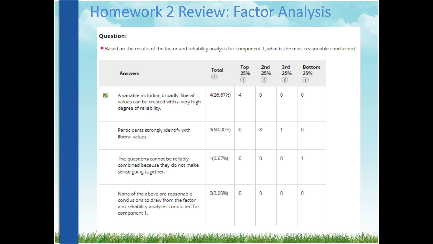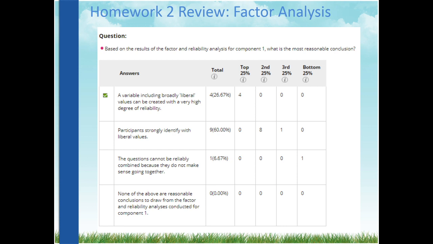One of the things you want to make sure of, when you're interpreting factor analysis, is how conservative you are and what the purpose of the factor analysis is. Remember, we're not assessing people's attitudes towards values in this case. What we're assessing is how consistently they answered the questions. That's why the answer was that a variable including broadly liberal values can be created with a high degree of reliability.